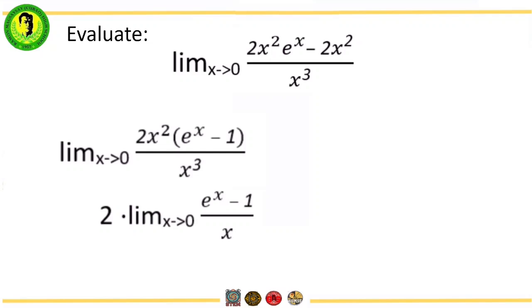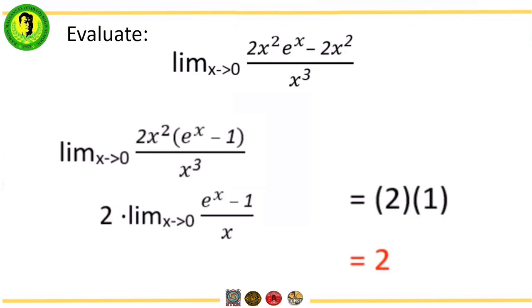Finding the limit of that as x approaches 0 is just equal to 1, based on our previous function problem, which is one of our objectives, the limit of an exponential function. So basically it's just 2 times 1. The limit of the function given as x approaches 0 is just 2.